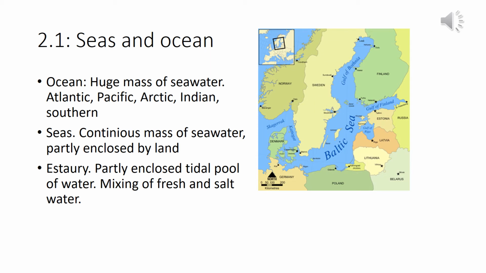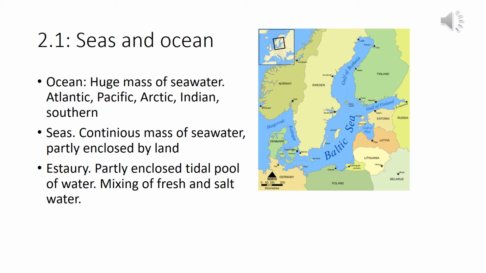But before we get into the syllabus part, in the book section 2.1 details the difference between oceans, seas and estuaries, and that's a good idea to be able to remember as well. An ocean is a huge mass of seawater, we have 5 of them, while seas are a continuous mass of seawater which is partly enclosed by land, which means that seas are more influenced by land than oceans are.